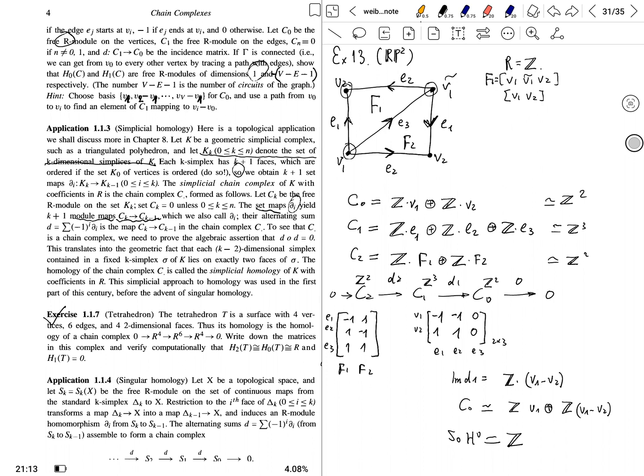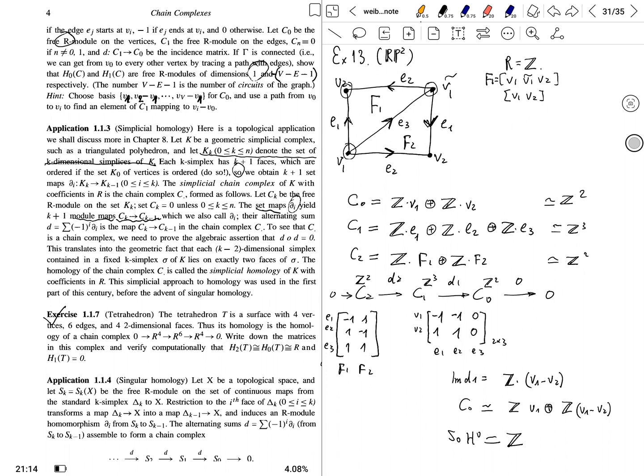Okay, let's now look at these differentials. Firstly, the D1. This should be a 2 by 3 matrix, mapping from C1 to C0. The first column records how the differential maps E1.